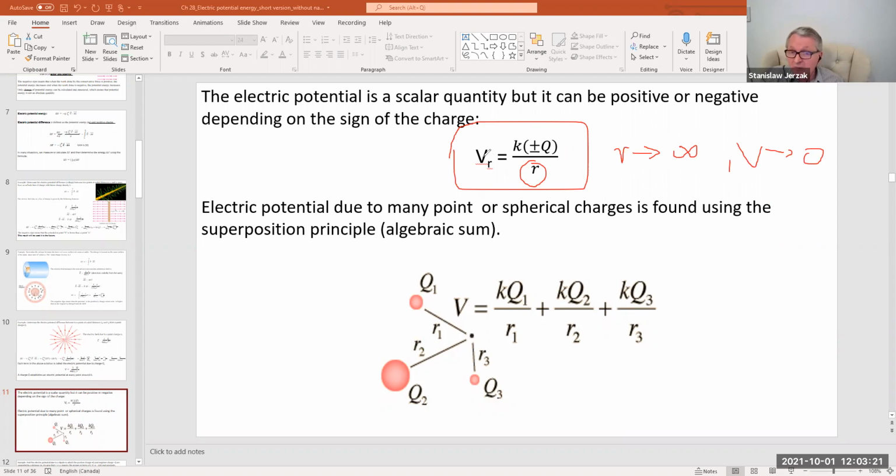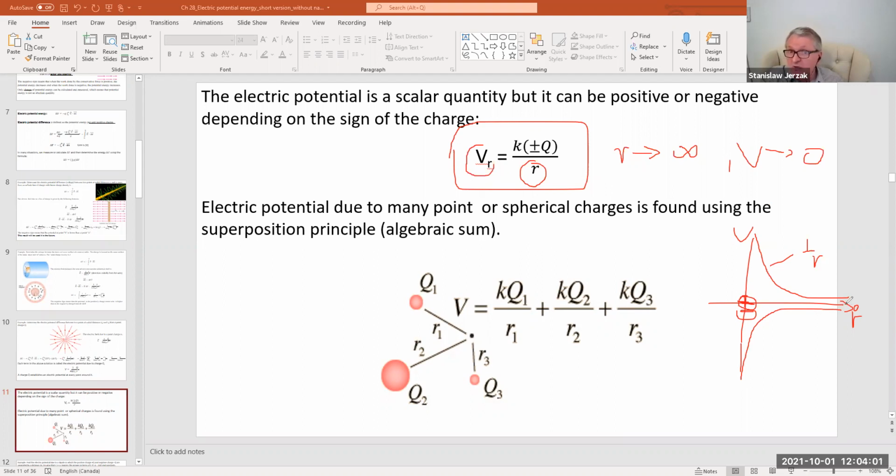So we say that electric potential at infinity is equal to 0. If you plot potential due to a positive charge as a function of r, that potential would increase as 1 over r, like this, a hyperbola. But if the charge is negative, the potential decreases like this because it's negative. But at infinity, it is 0.